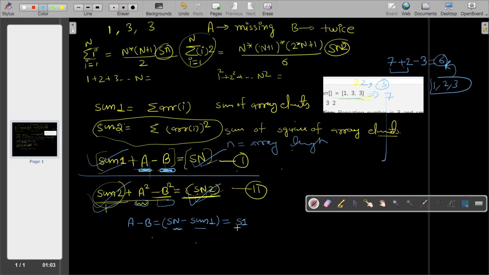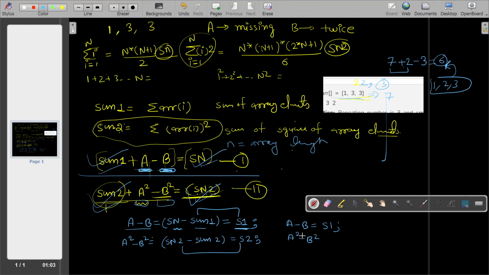You will create a separate variable called S1, and we can write a minus b equal to S1. This is the first. And a square minus b square is nothing but Sn2 minus sum 2. You will declare another variable like this, and then your equation will be something like this.